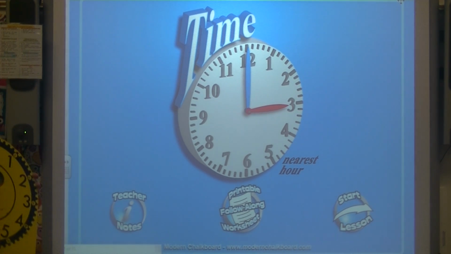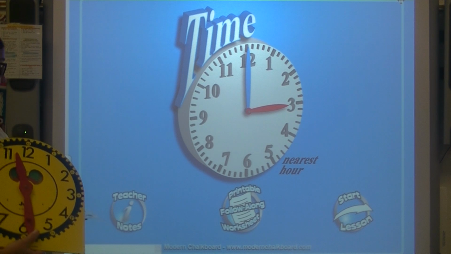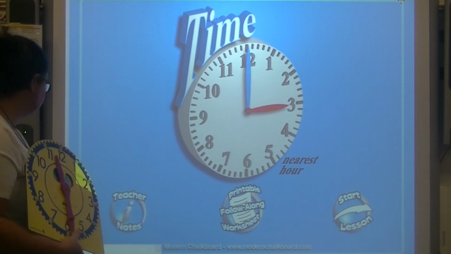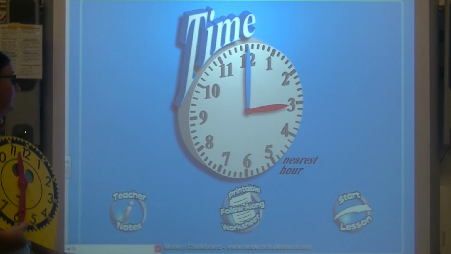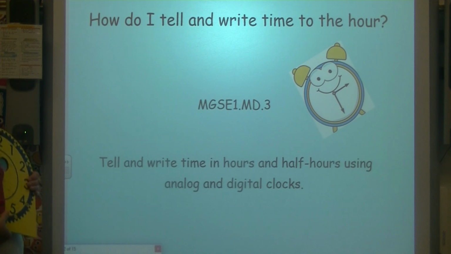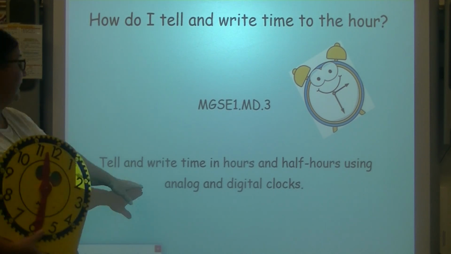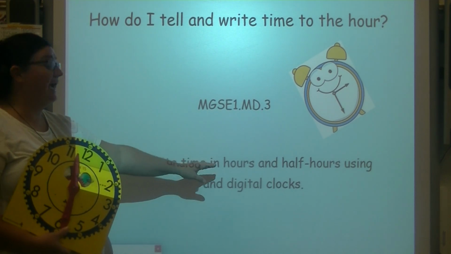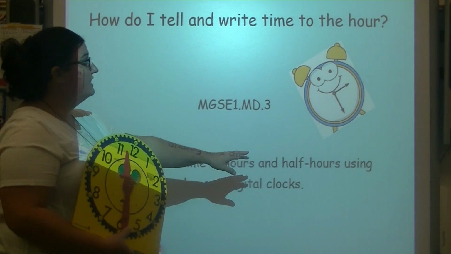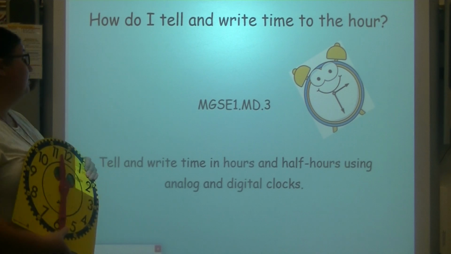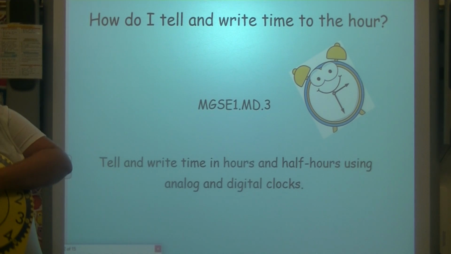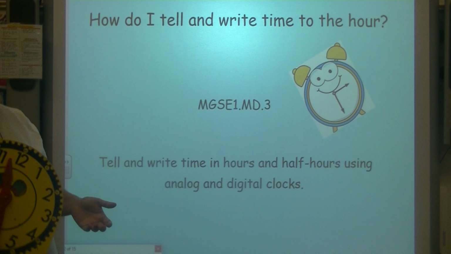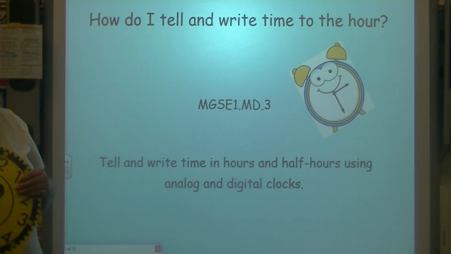So let's go over time. Okay, so for today, we are going to be working on a first grade standard. It says, tell and write time in hours and half hours using analog and digital clocks.